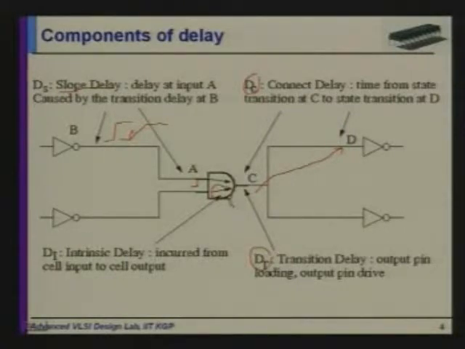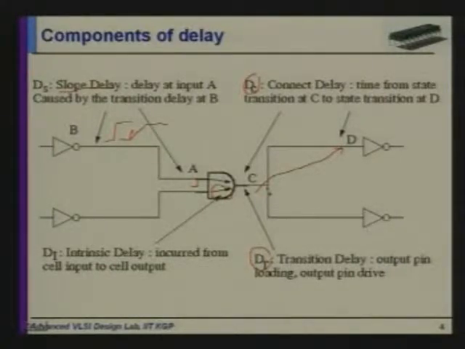After all switching that happens within the circuit, the output will be stabilized, so that is called the transition delay. Okay. So these are the various components. Even the delay also depends on the loading of the output, loading at the input. The capacitance you also have to consider to get an accurate model.